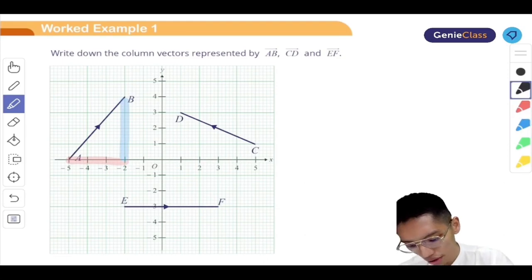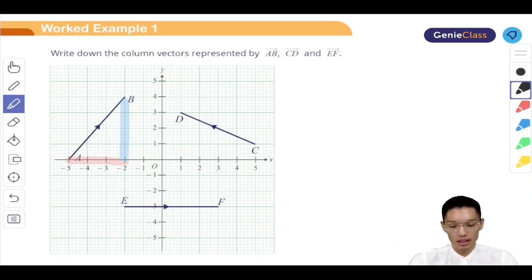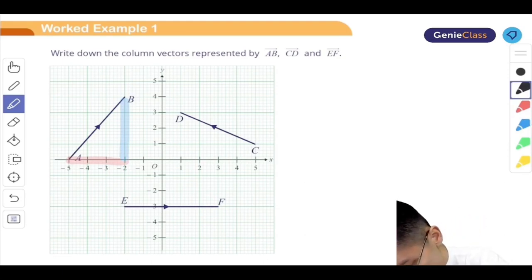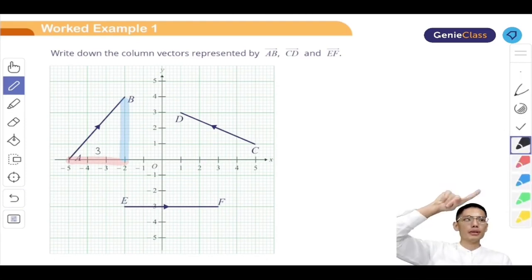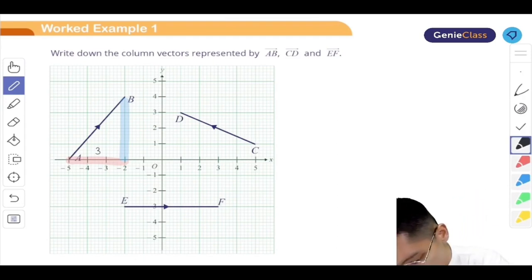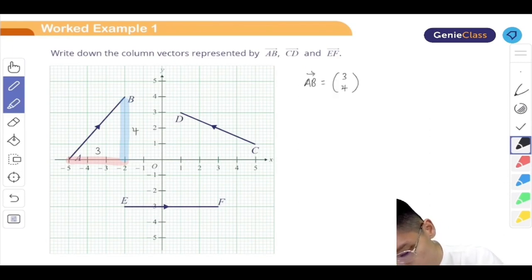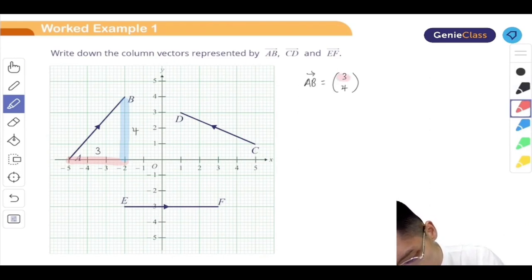Take note: 5 to negative 2 tells me it moves to the right by 3, and 0 to 4 tells me it moves upwards by 4. Therefore, my column vector AB is represented by 3, 4, as indicated by the red and blue notion here.